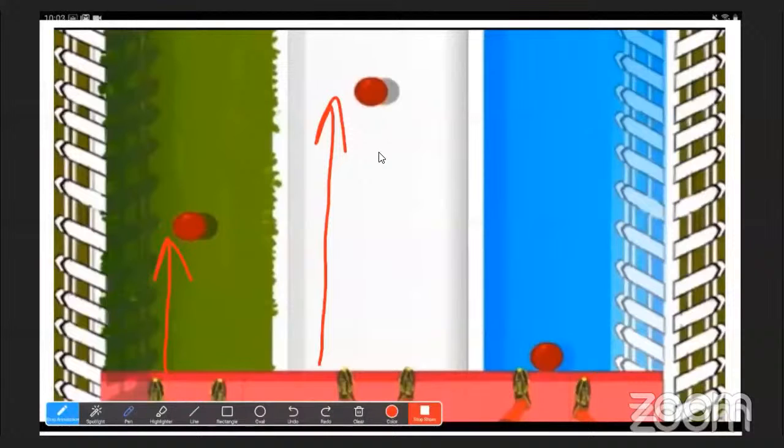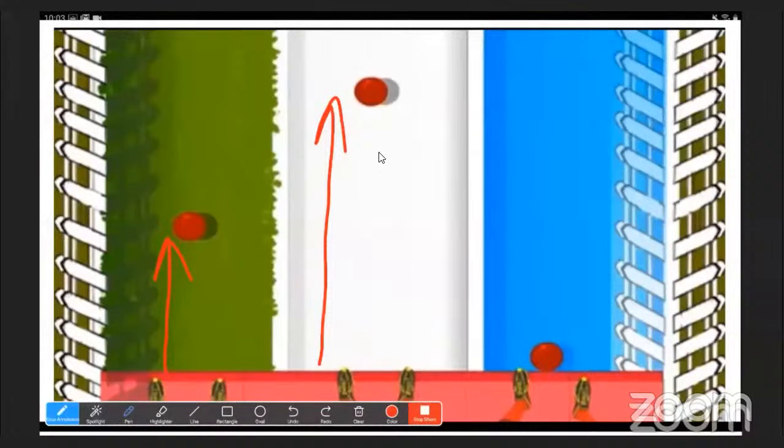The ball can continue to move even when we are not applying a force on the ball.